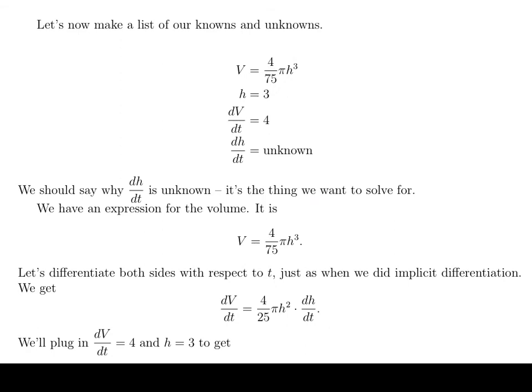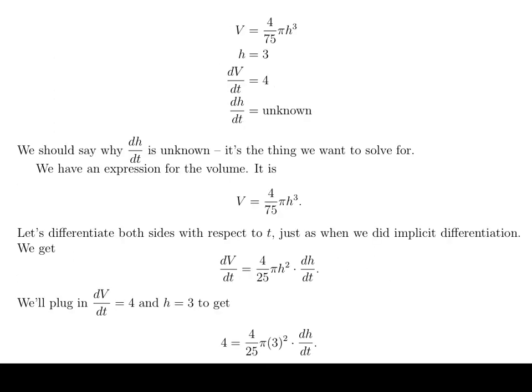Okay, we'll plug in our known quantities, which is dV/dt is equal to 4 and h equals 3. Keep in mind that dh/dt is the thing that we're trying to solve for. Okay, we plug everything in, we get 4 is equal to 4 over 25 times π times 3 squared times dh/dt. And now it's easy to solve for dh/dt.